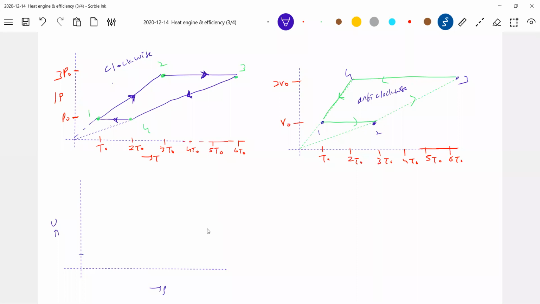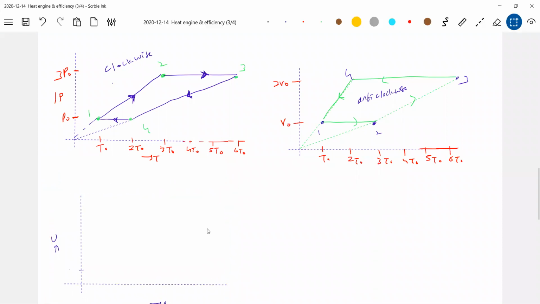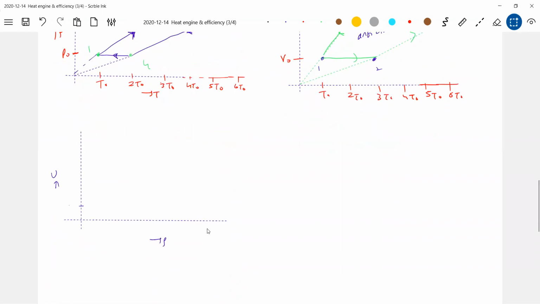So therefore I'll go like this: U naught, 2U naught, 3U naught, 4U naught, 5U naught, 6U naught.